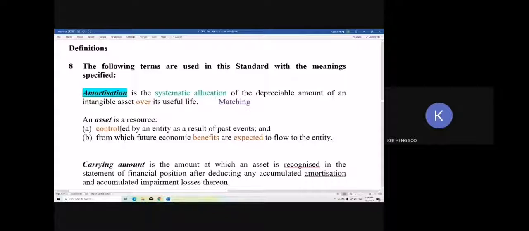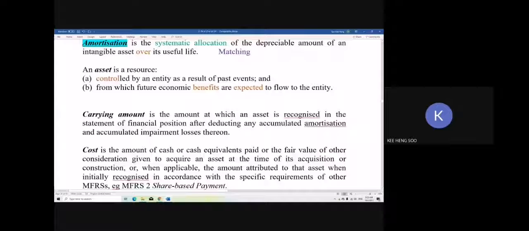Remember the patent, the manufacturing process, you have to have sole control. Carrying amount is important, and cost is important. Carrying amount is the amount recorded, recognized in the statement of financial position after deducting accumulated amortization and impairment loss.